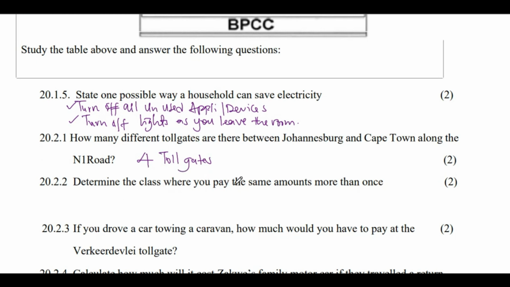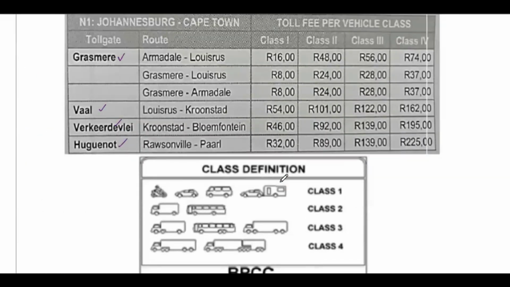Determine the class where you pay the same amount more than once. Here we have class A. We have the same amount. But does it appear anywhere else? No. Class 2, we have the same amount. Does it appear anywhere else? No. But here we have 28, 28, same amount.